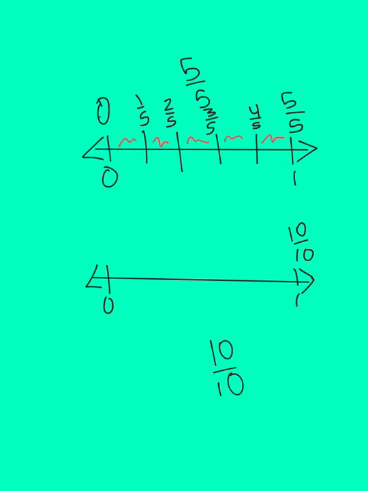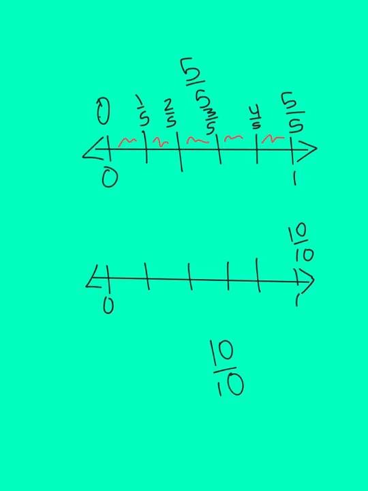So the first thing I'm gonna do is I'm just gonna copy down the lines from up here. Okay, and I did the best I could. And now I'm going to need to split each of those pieces in half again.